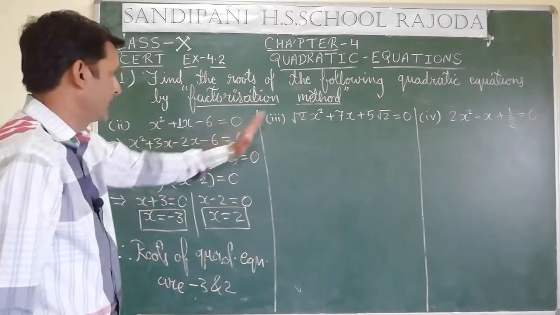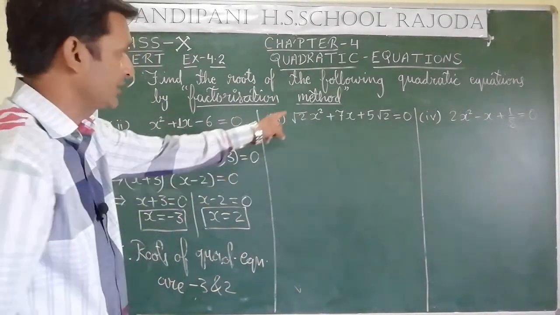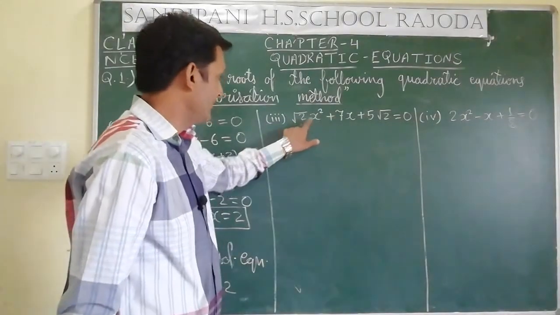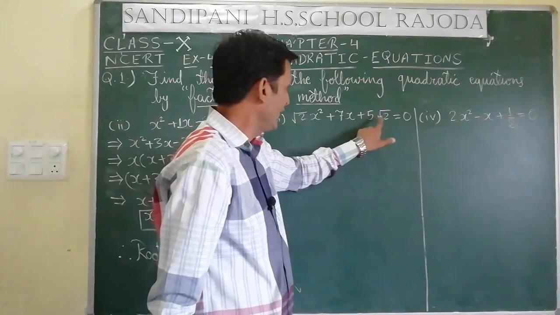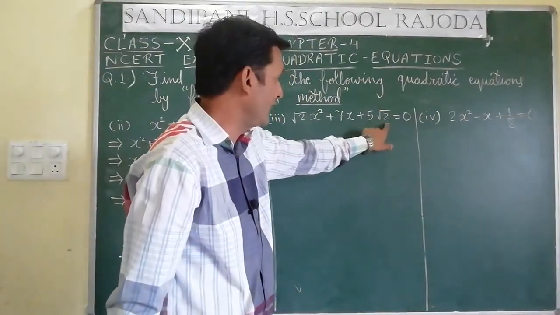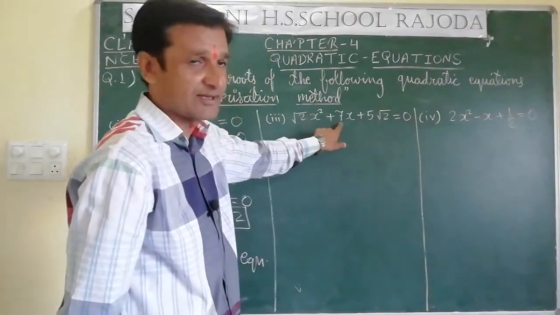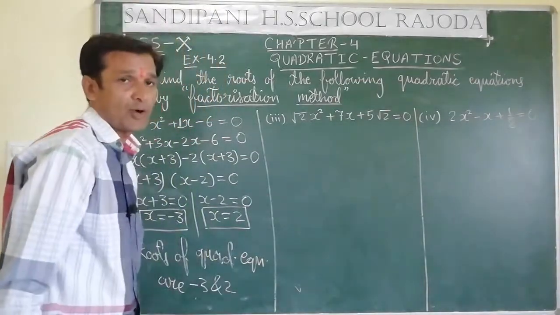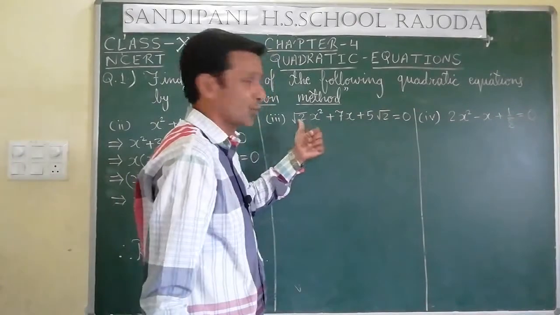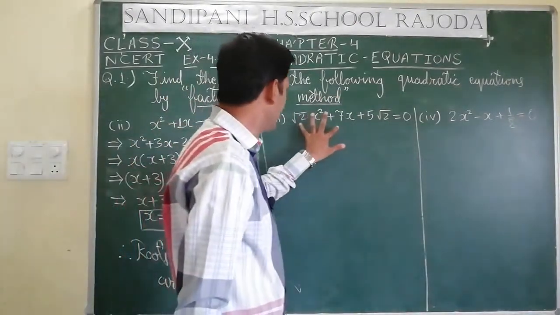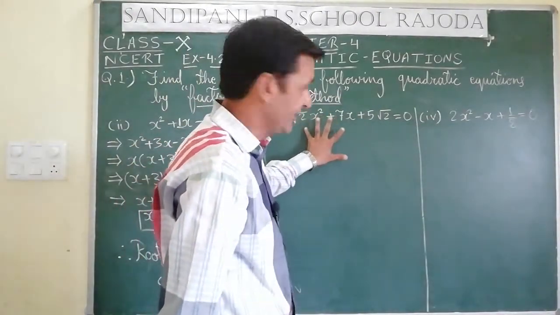Now, another question, see question number three. The first term, that is the coefficient of x square, is root 2, the constant quantity is 5 root 2, and the coefficient of x is plus 7. So we have to make the product as 5 root 2 into root 2. I have already told you, one question I have explained related to this.